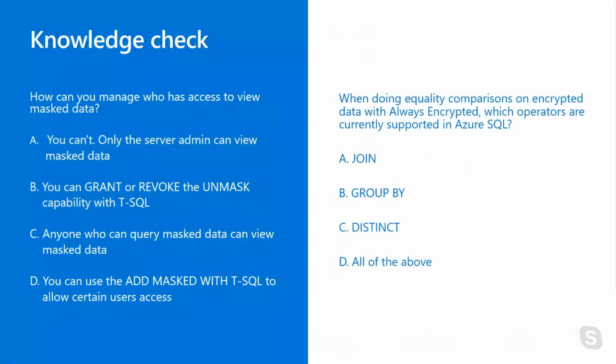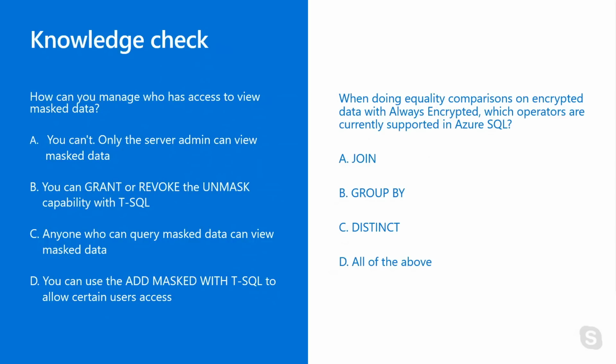Now we'll take a second and look at questions if there are any, and we'll also do a quick knowledge check. So the questions are, how can you manage who has access to view masked data? And this second one, this is tricky. I'm not sure we actually covered this question. Anna, you are tough.